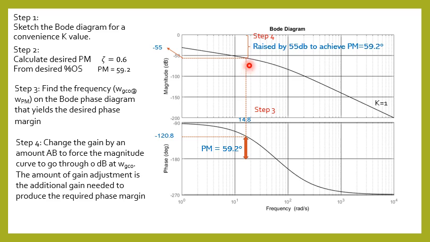So for this frequency to be your gain crossover frequency or phase margin frequency, it must cross at the 0 dB line, meaning that you have to raise your magnitude plot by 55 dB. So to obtain phase margin 59.2, you have to raise your magnitude plot by 55 dB.